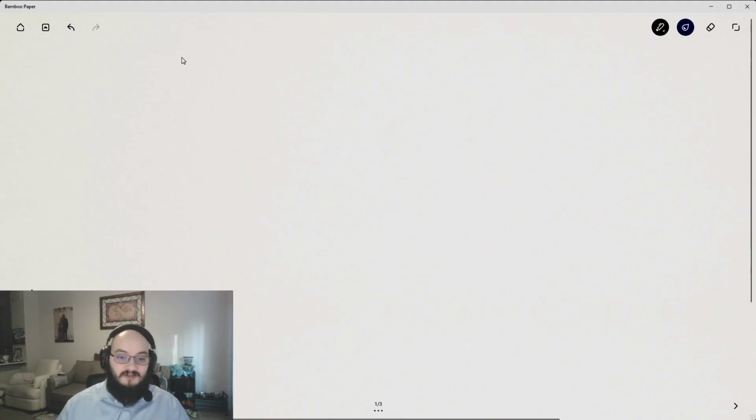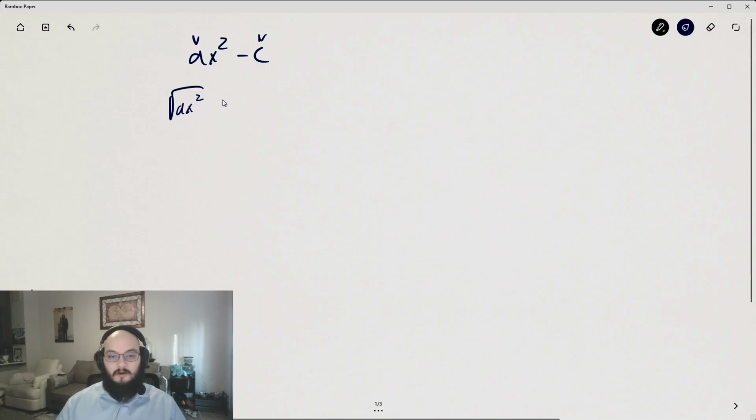A difference of perfect squares is something that looks like this: ax squared minus c, where a and c are both perfect squares. The formula for doing this would be the square root of ax squared plus the square root of c, times the square root of ax squared minus the square root of c.